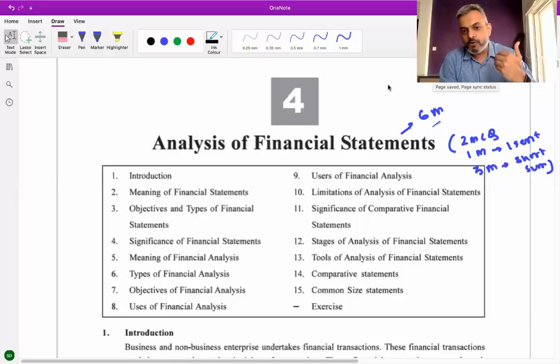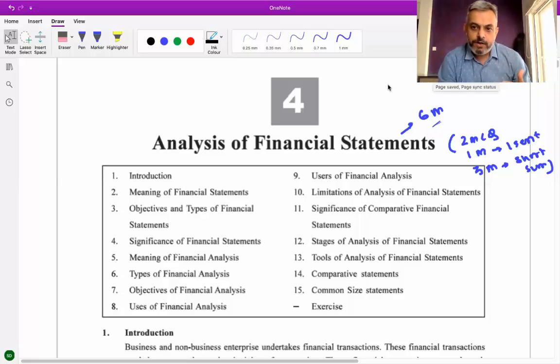But if we want to do some analysis, okay, we want to make some investment, we want to understand how the company is moving, how the company is performing, where there is a growth, where there is a decrease, how are the expenses moving, how is the revenue moving, what exactly is a company doing as compared to the previous year.